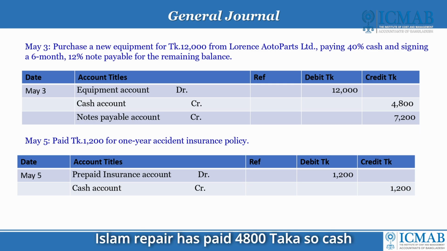Islam Repair has paid 4,800 taka, so cash has decreased, that means asset has decreased, so cash account should be credit, and it has incurred a liability called notes payable, so liability has increased, so it should be credit. So the journal entry should be equipment account debit 12,000, cash account credit 4,800, and notes payable account credit 7,200.